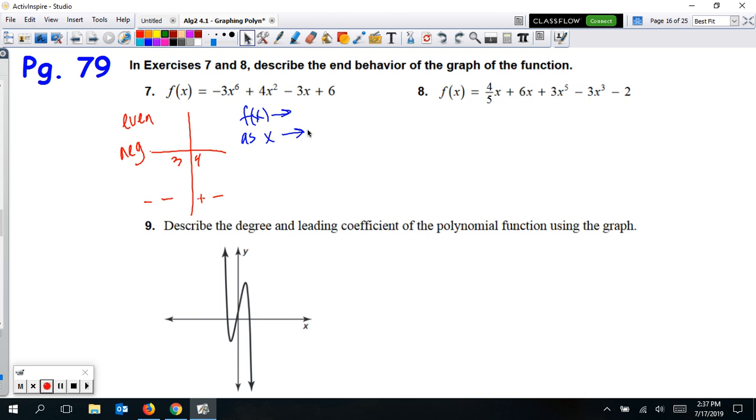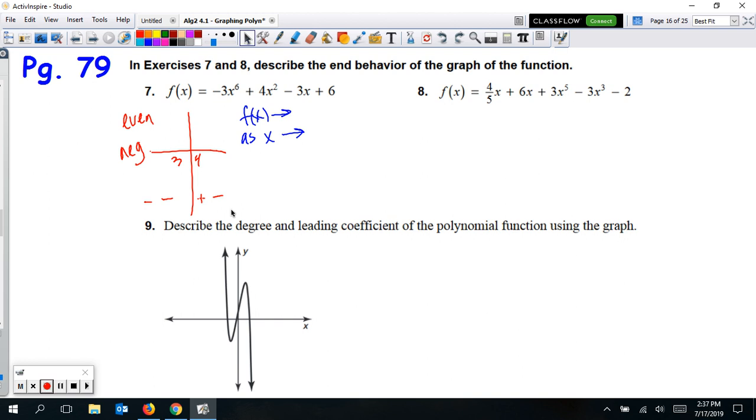This is always going to be the same. You just have to write down whether it is negative infinity or positive infinity.